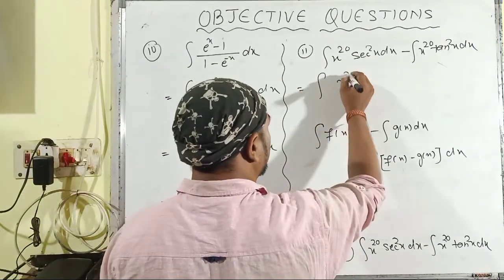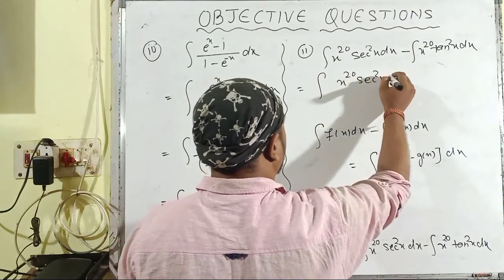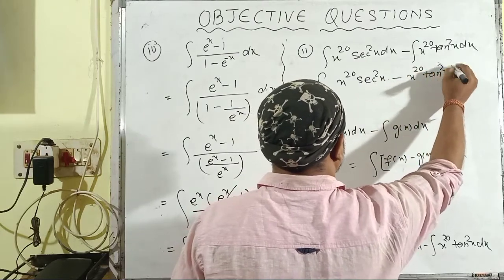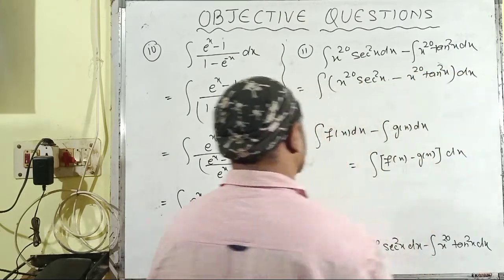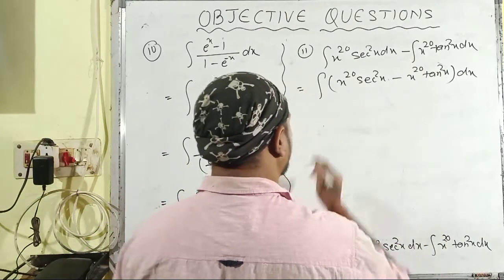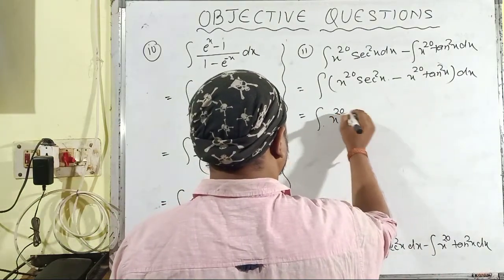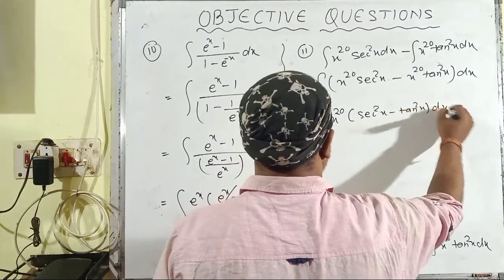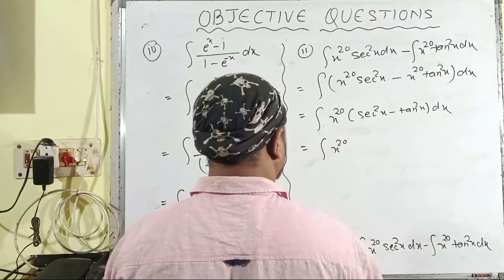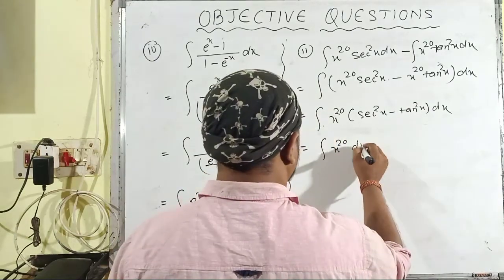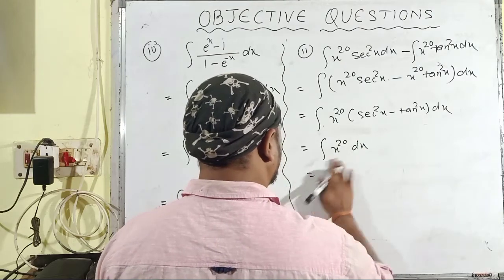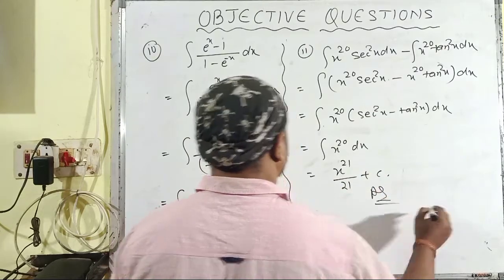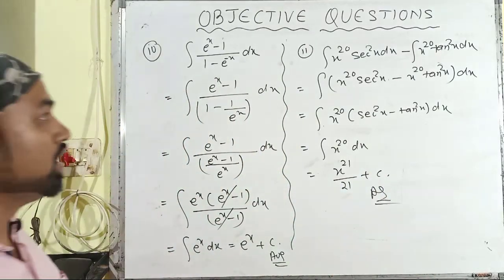So by applying this, we can have the integral of x to the power 20, and this is x to the power 21 divided by 21 plus c, and here is the solution for the number 11th problem.